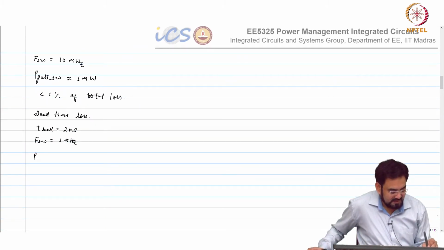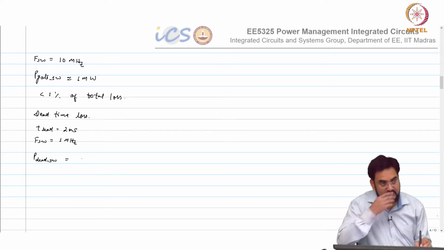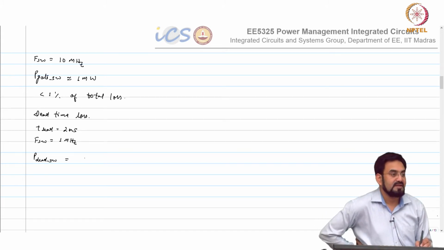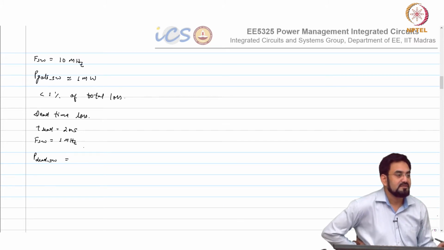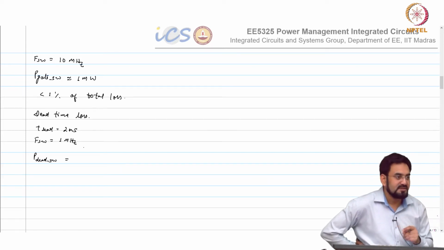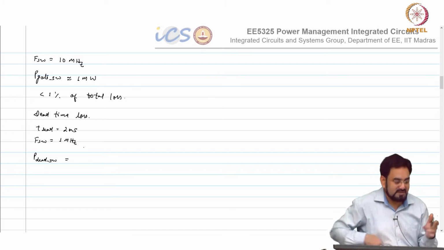So, your P dead SW, how much was that? Anybody remember? What was the formula? 2 T dead by TS. So, twice because it's conducting at both the edges.